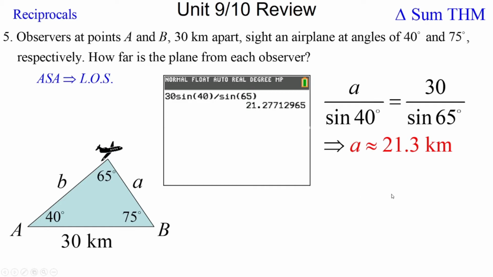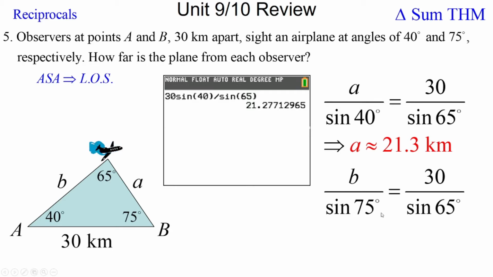Now we're going to do exactly the same thing, except now we're looking for B, so let's go B over sine of the angle opposite the B, which would be 75 degrees, and then equals, and let's use the same, 30 over sine of 65 degrees. Now this time, to solve for B, we're just going to multiply both sides by sine of 75 degrees.